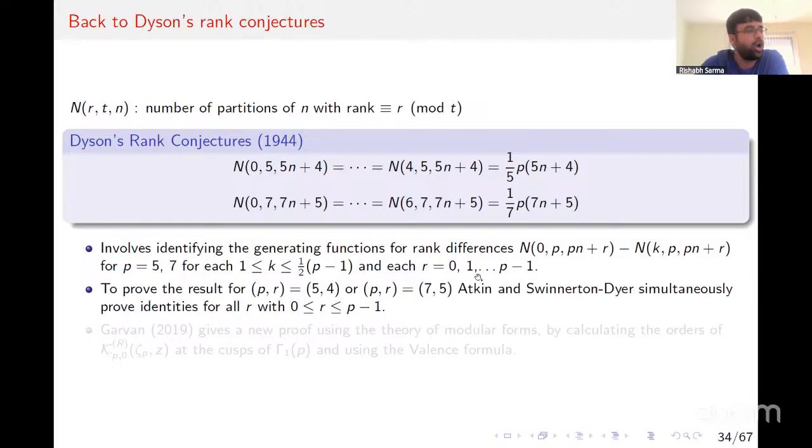So for proving the 5n plus 4 conjecture, they had to find identities and prove 5 of them, n0 minus n1, n0 minus n2 to n0 minus n4, so 5 of them, and 7 of them for the 7n plus 5 conjecture.